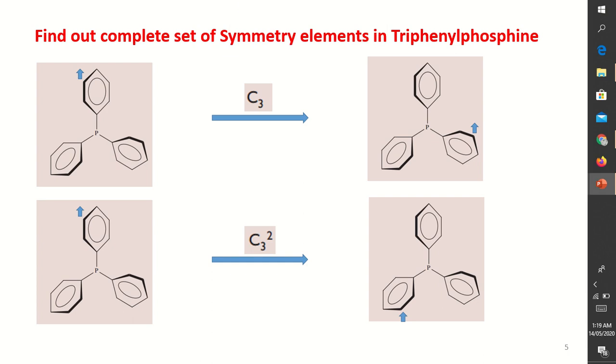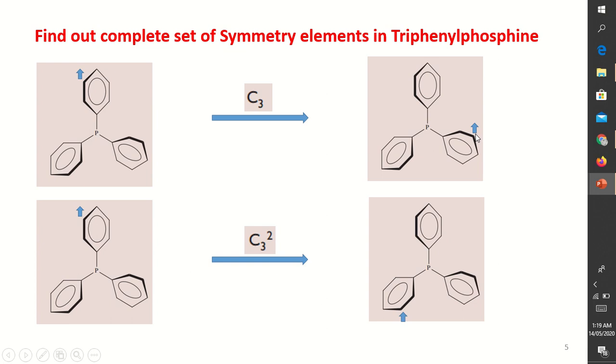Yes, we can multiply C3 four times to this molecule. Here we are going to apply C3, and the arrow from this position will definitely go over there. The molecule rotates and gets the position over there. So this is the first C3.